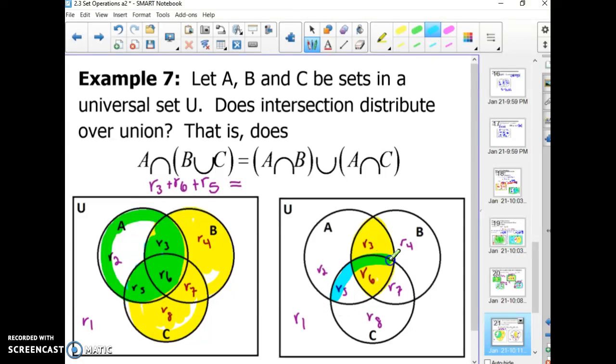So here's the question, union. I would have all of my highlighted areas. I get the same stuff, which is R3 plus R6 plus R what? 5. Same stuff.